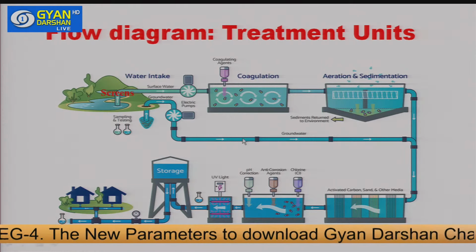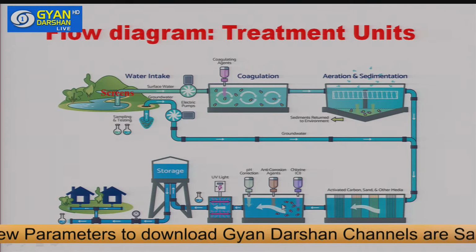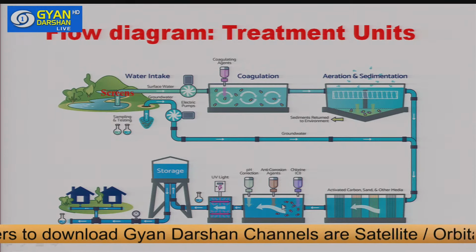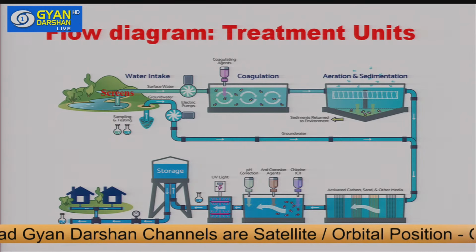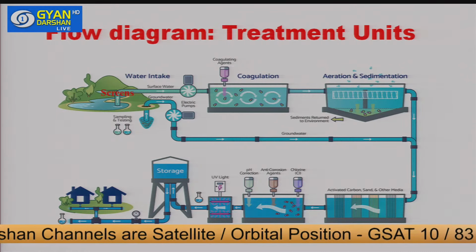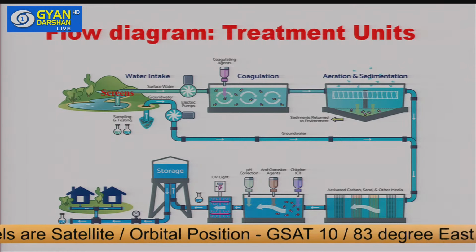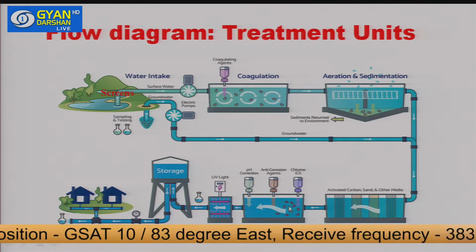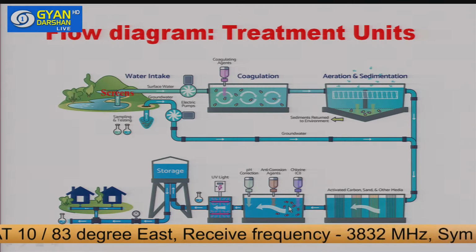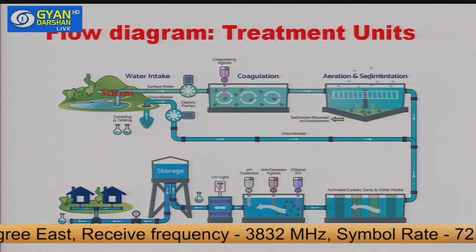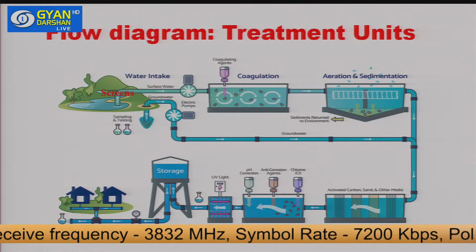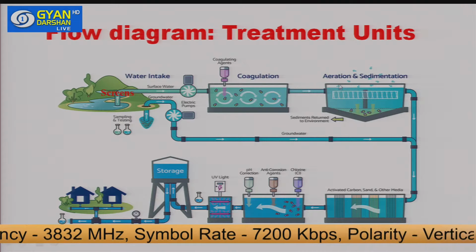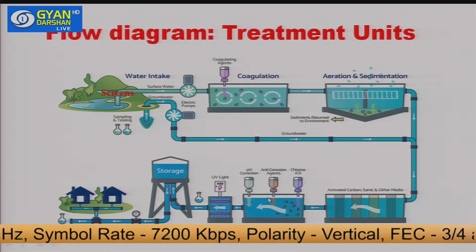Disinfection is done if some bacteria or pathogenic microorganisms are present, because then the water is not safe. So, just to kill any pathogenic bacteria or other microorganisms, disinfection is done, and for this we generally use chlorine and some other chemicals.